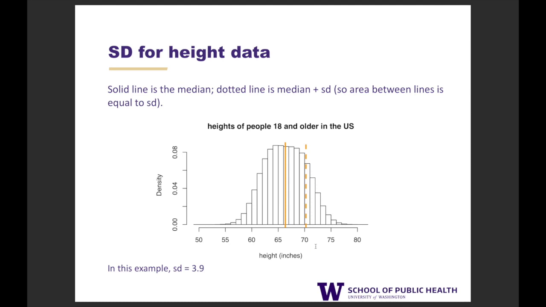But before we do that, let's look at a visualization of the standard deviation on this height data. Again, we have our histogram of heights of people 18 years and older in the US. And again, I have a line here for the median. The mean is very, very close. And my dotted line is this median plus the standard deviation. So the distance between the lines is the standard deviation, which in this case is 3.9.